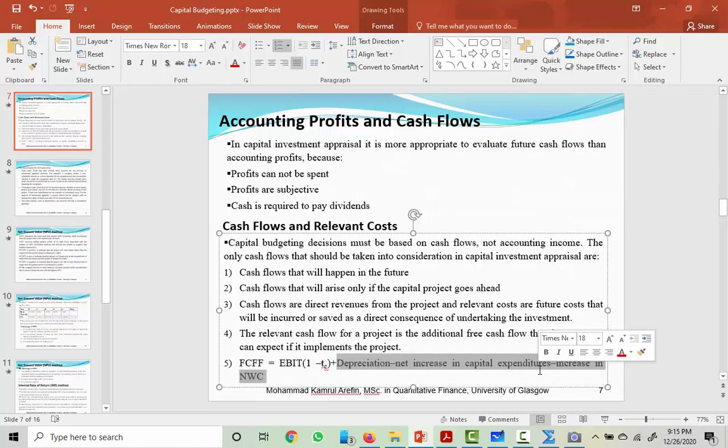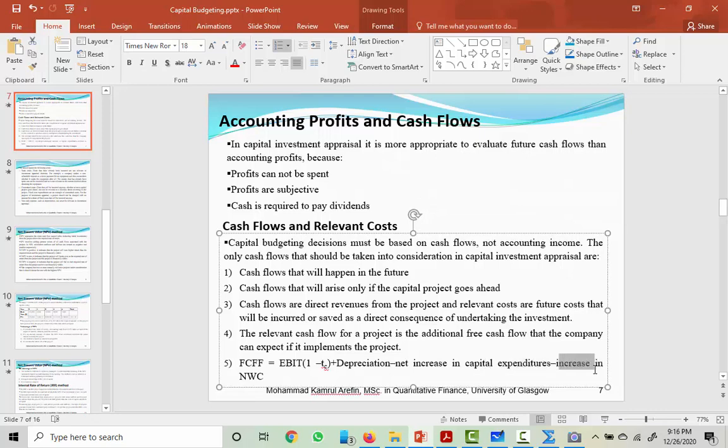So you received an inflow of $200 from realizing some of your capital, and you purchased $1,000 of inventory. So the net outflow is $800, meaning $800 has gone out from your business. So we need to deduct that.